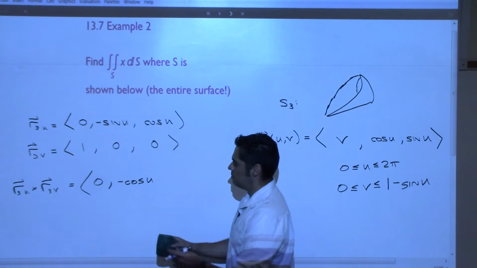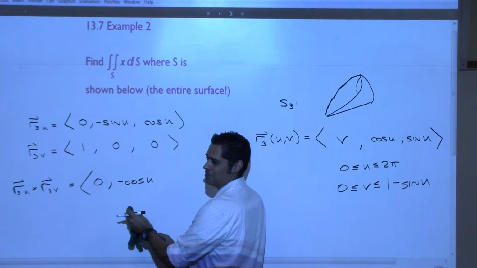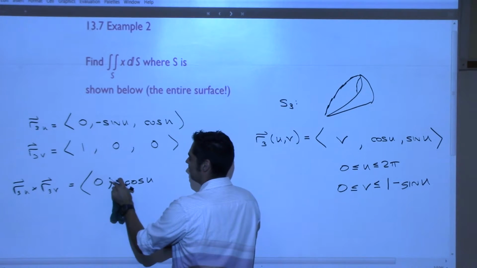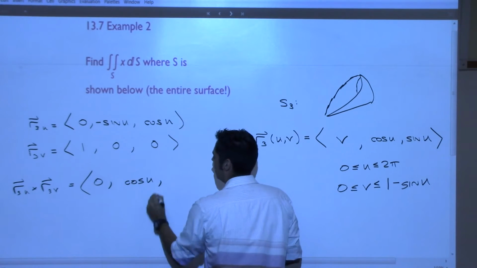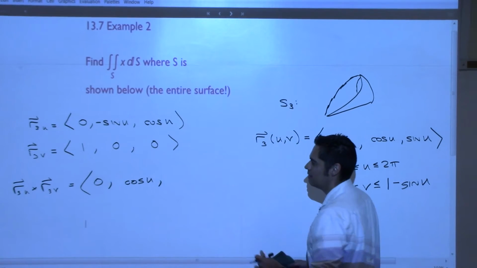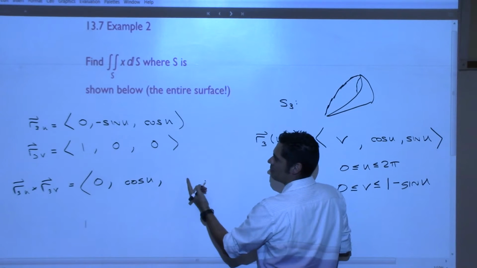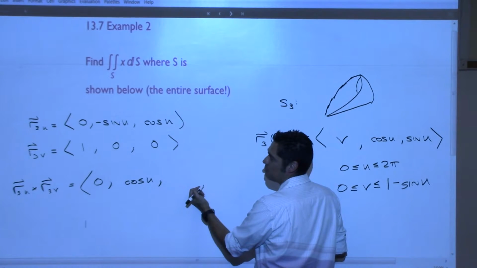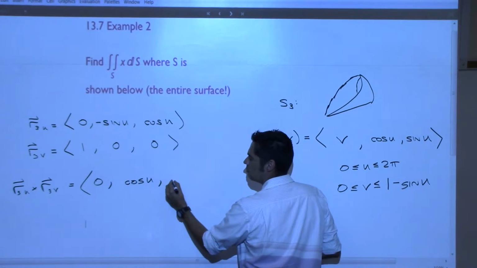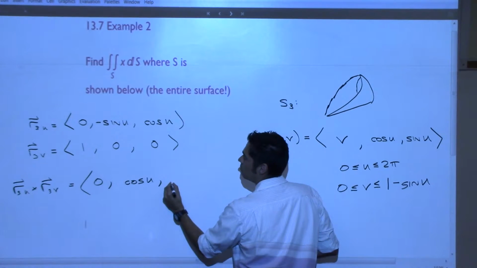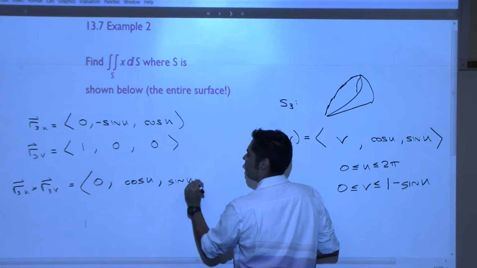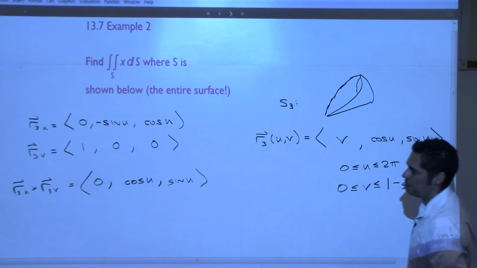It's positive? Definitely, okay. We're going to square it anyway when we get the magnitude. All right, what's the last one? 0? Sine u. Sine u. Oh, wow, okay.